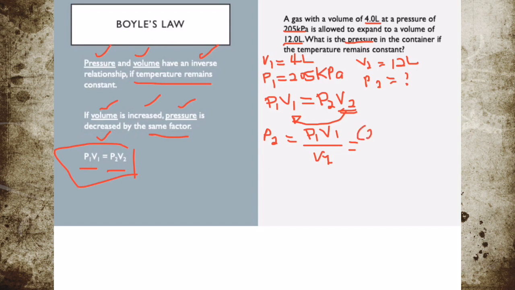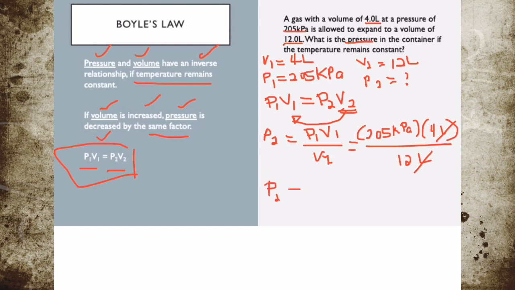P1 is 205 kPa. V1 is 4 liters. V2 is 12 liters. Liters and liters cancel out. So 205 times 4 divided by 12 would be our pressure, which is 68.3 kPa.